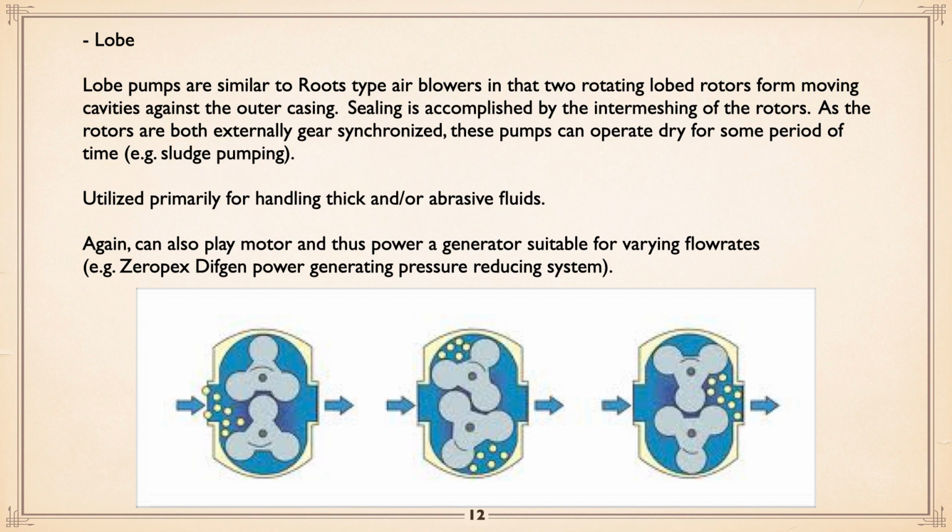Interesting thing, it's not uncommon for centrifugal pumps to be run backwards, basically to play turbine for generating power. Now, I remember somebody once said that a distributor had a system that could go right down to zero flows or very low flows.